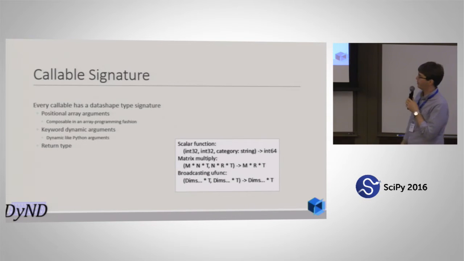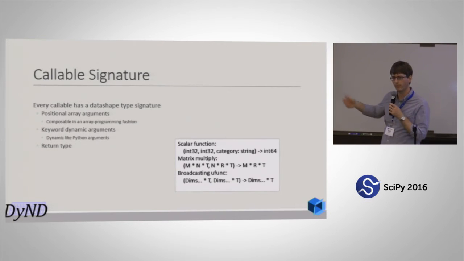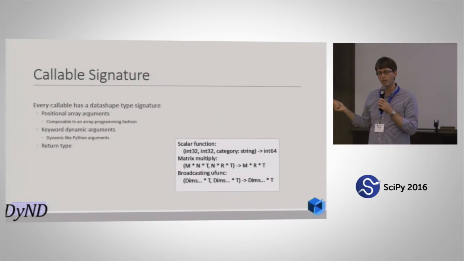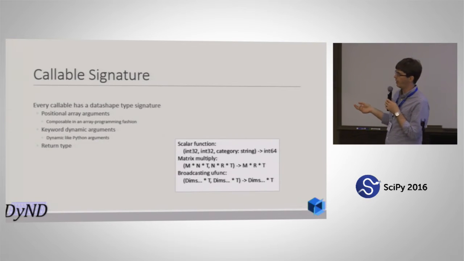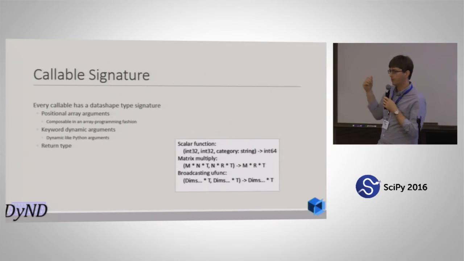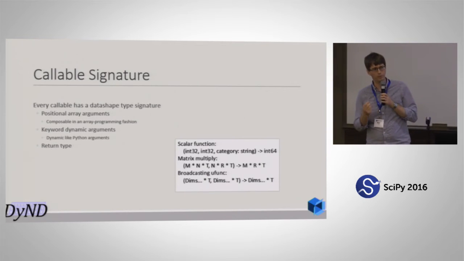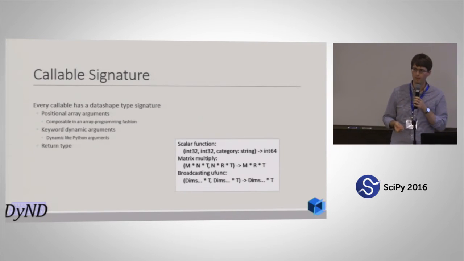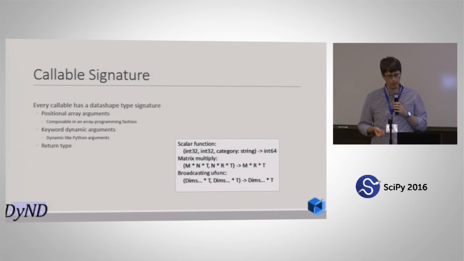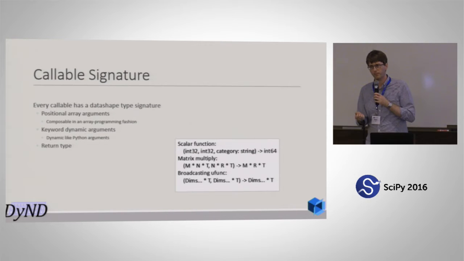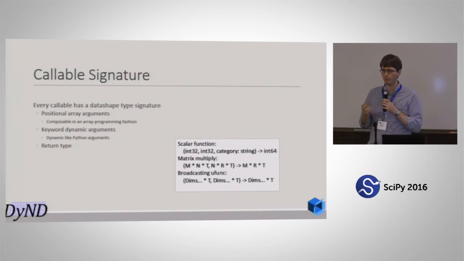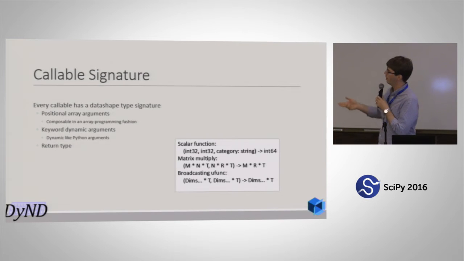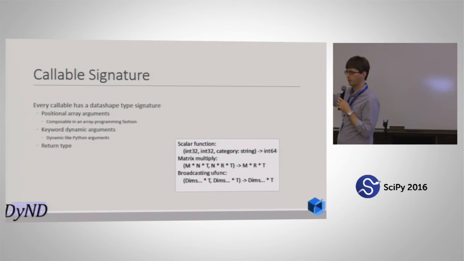We've separated out positional arguments from keyword arguments in a slightly different way than Python. Our positional arguments are just for arrays. What that means is when the kernel gets called, it's just getting the memory addresses of those positional array arguments.